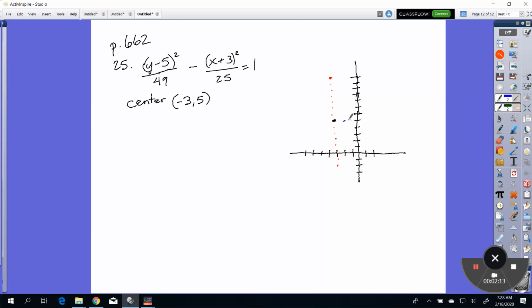So 1, 2, 3, 4, 5. And to the left, 1, 2, 3, 4, 5. So let's label those coordinates.